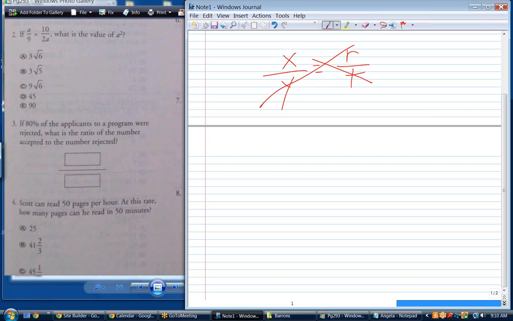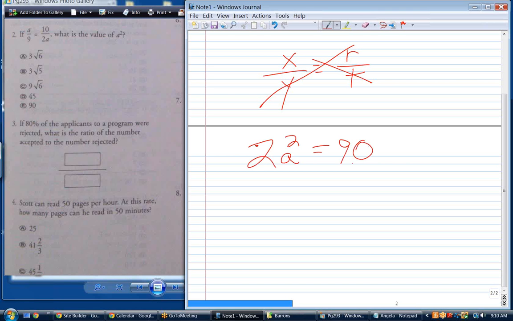Okay, so if I cross multiply this, I get 2a squared equals 90. Okay, you want to take it from here? Sure. Let's see. So divided by 2, so a squared equals 45.